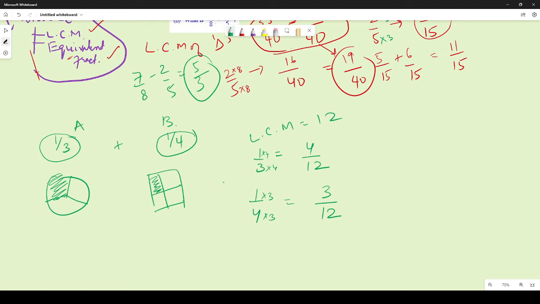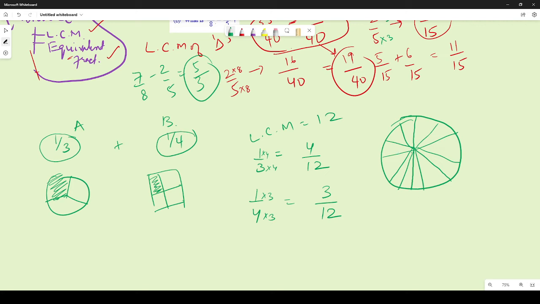So what this means is, when you have a big pizza, sorry, my figure is not that good, let us just assume that they are equal sized. Okay, so you have 12. I'm just assuming that they are all equal sized slices.